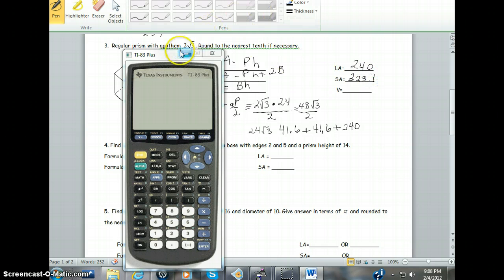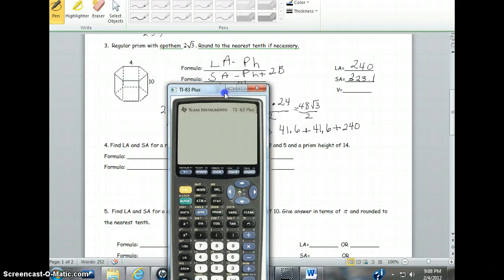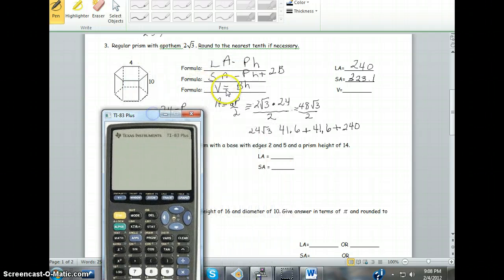Now let's look at volume. Our volume is base times height. What did we say our area of the base was? It was right here: 41.6.